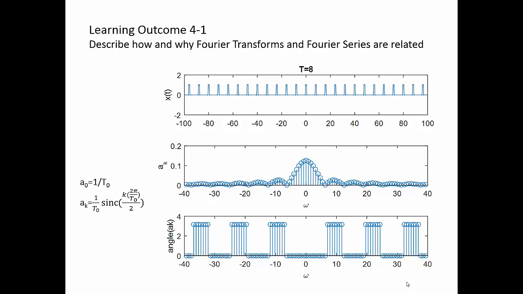So let's take an example. If we have a width of 1 and our T0 is 8, this top window shows you a picture of your time signal, x of t. It repeats every 8 units and has a width of 1 and a height of 1. Your A sub k magnitudes are the sinc function. Remember, these are magnitudes. Magnitudes are always positive.